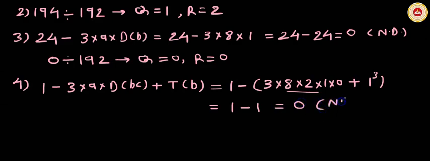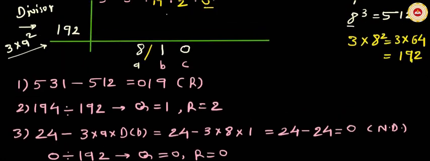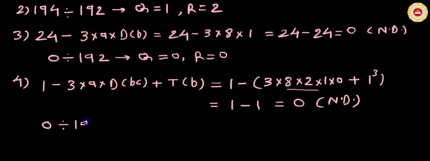This 0 is our net dividend. Now let us divide this net dividend by the divisor. What is the divisor? 192. Dividing 0 by 192 gives quotient equal to 0 and remainder equal to 0. So write quotient 0, remainder 0.